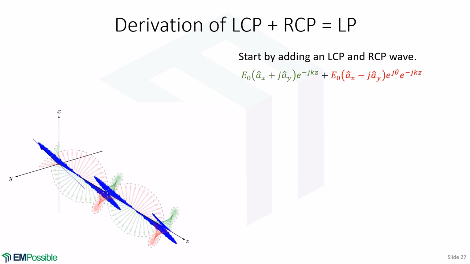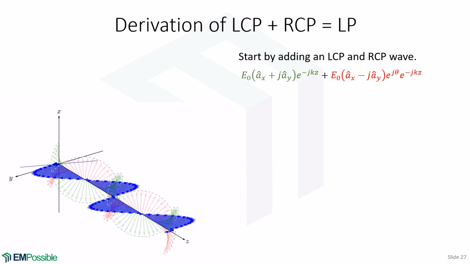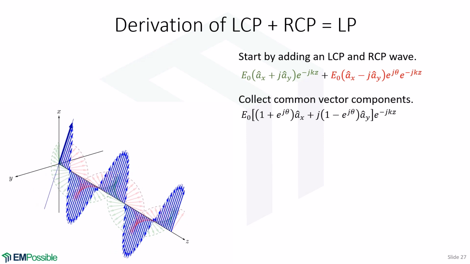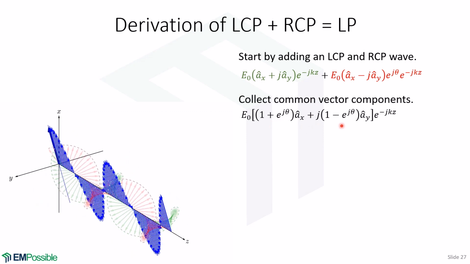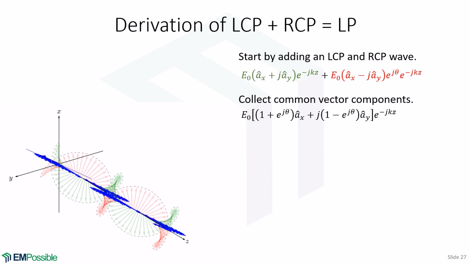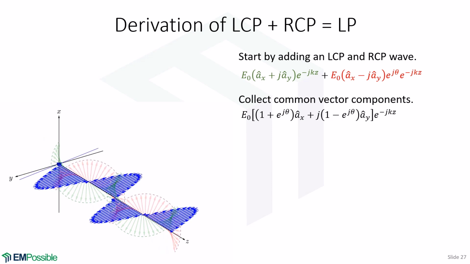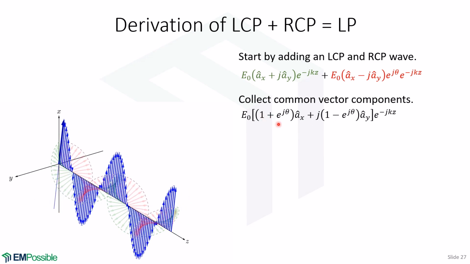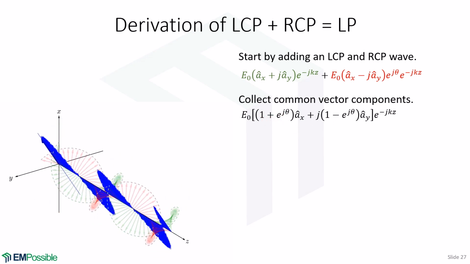At this point, we can multiply everything out and then collect all of the common terms on the vector components. So we collect all the common things on the x component and the y component, and we end up here. Staring at this, we almost see the Euler identities, but there are two complex exponentials either being added or subtracted.